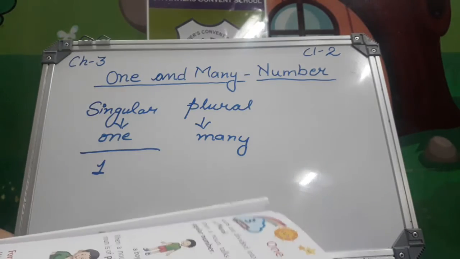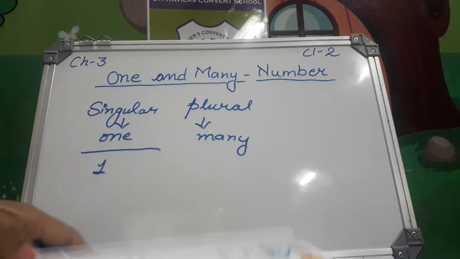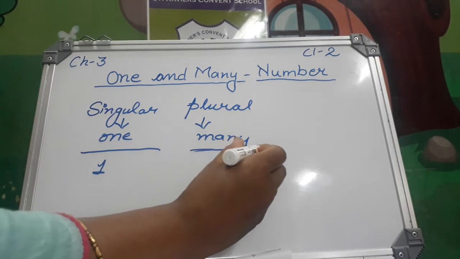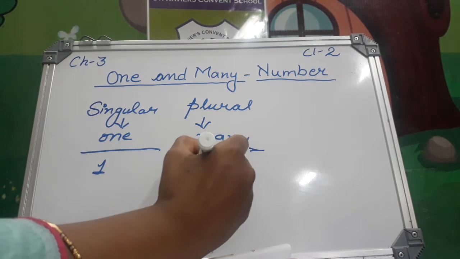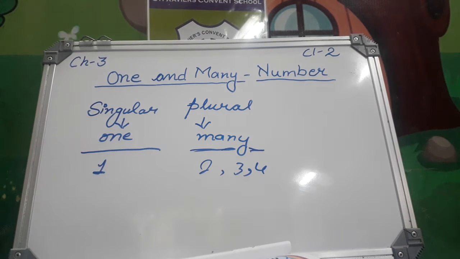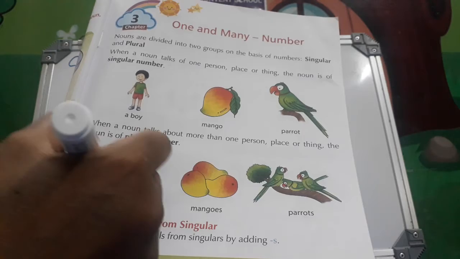When a noun talks about more than one person, place or thing, two, three, four, five, whatever, it is called plural number. Now look here, boys.